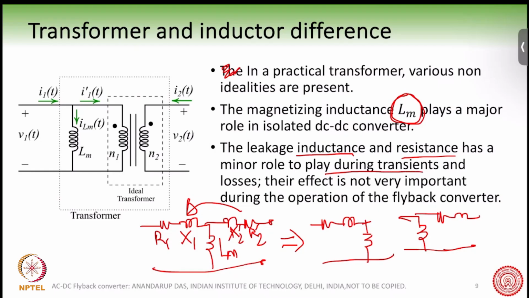During normal operation their effect is not very important. So in our circuit, we have removed this R and L, and you can see we have only kept Lm, neglecting the effect of all the other resistance and leakage inductance. So this is the model of the transformer that we will use.